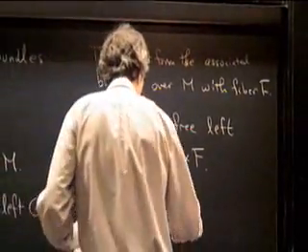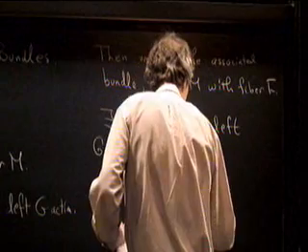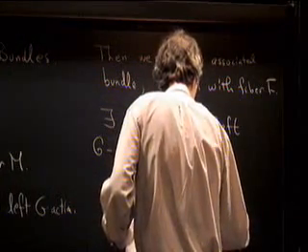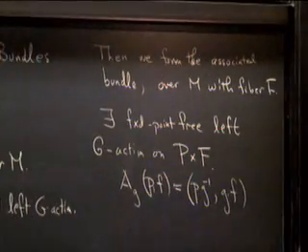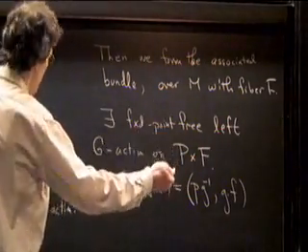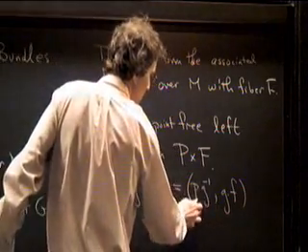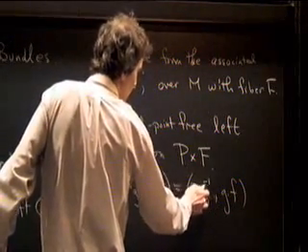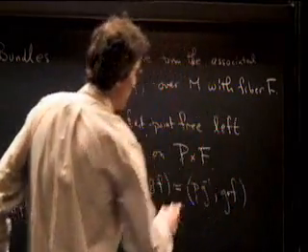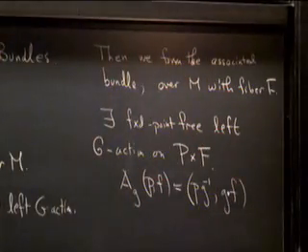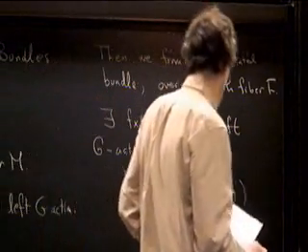A sub g, which by definition is (p, f) goes to (p g inverse, g dot f). Okay. Now remember that a principal bundle always comes with a fixed point free right G action. By putting the g inverse here, I'm making that a left action. And then this is just some abstract left G action on this space, capital F.